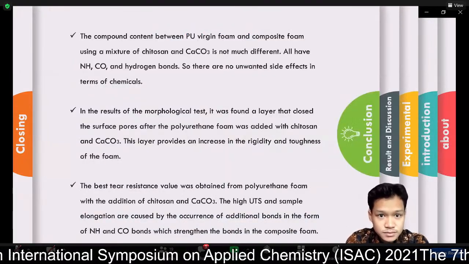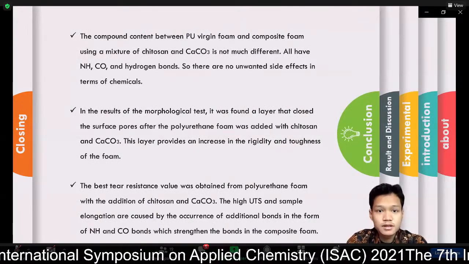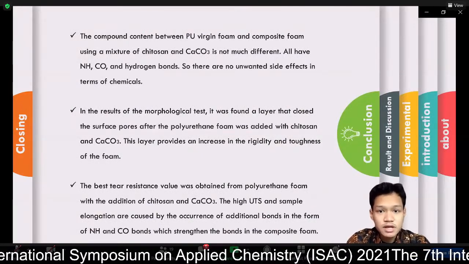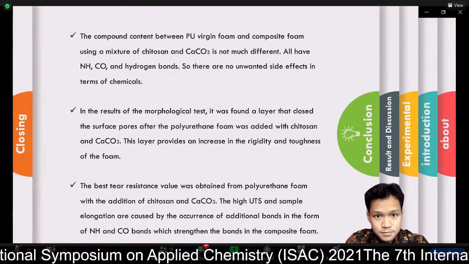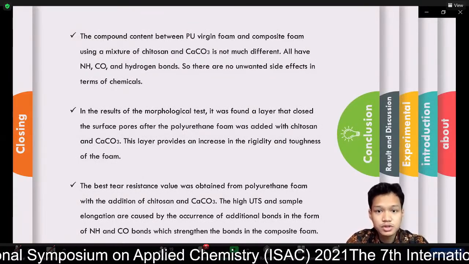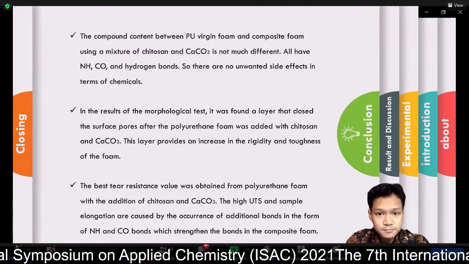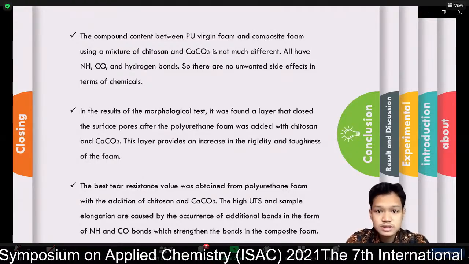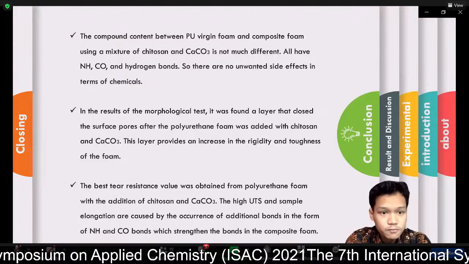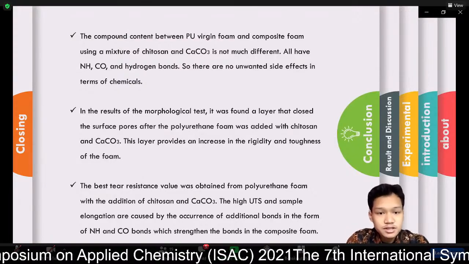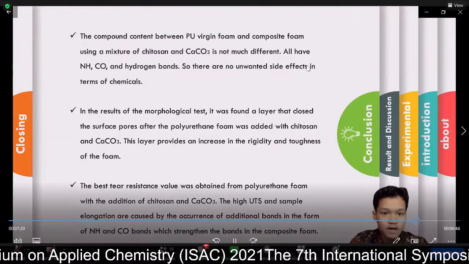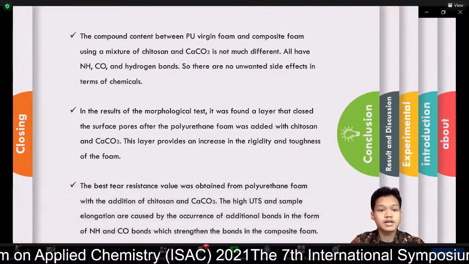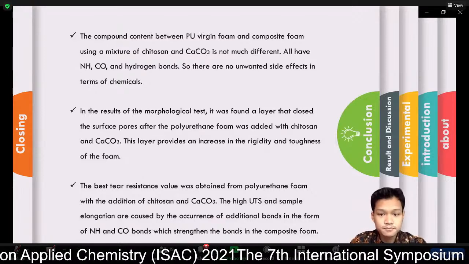And a conclusion: there's not much difference between virgin and composite foam, which is a good sign. There are no unwanted side effects in terms of chemicals. And the morphology test found a layer that closed the surface pores after the polyurethane foam was added with chitosan and calcium carbonate.